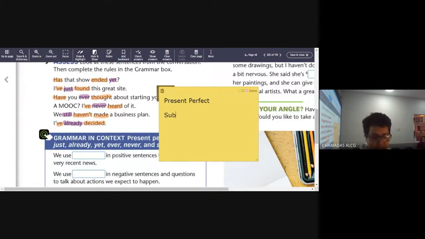Very good, excellent. Subject plus, then we have the auxiliary verb. So we are putting together the structure of this verb.